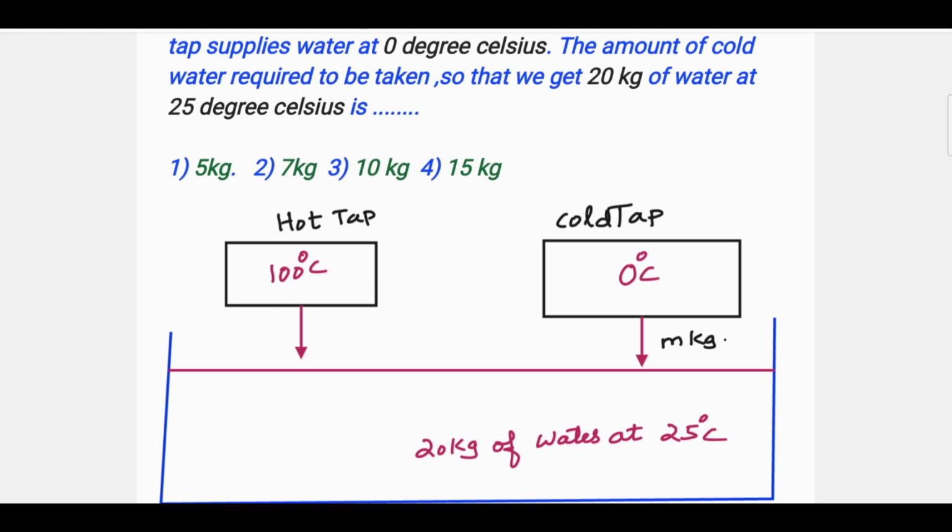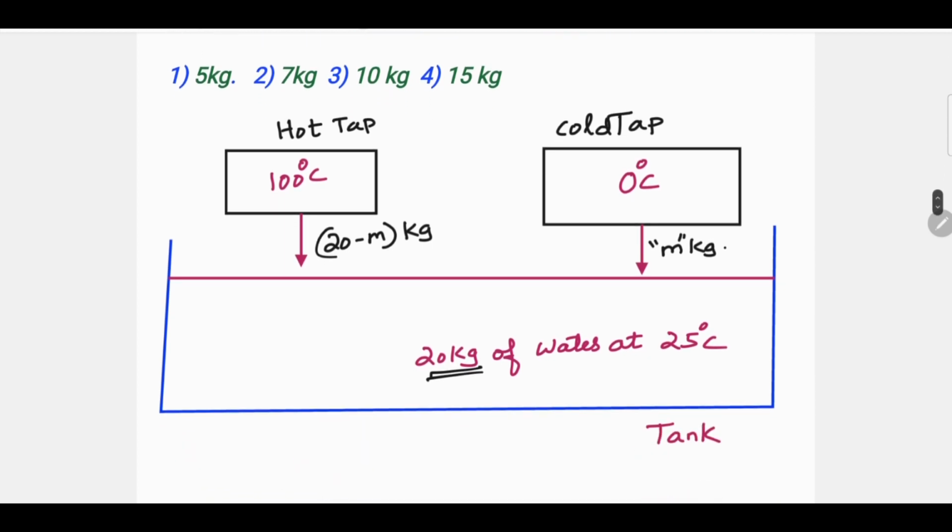That means from the hot tap we have to take 20 minus m. Why 20 minus m kilogram? Because 20 minus m plus m gives 20, that means you require only 20 kilogram of water from both the pipes. So from the cold tap we assumed m kilogram, then definitely from the hot tap it will be 20 minus m kilogram. Now we are going to apply the calorimetry principle.